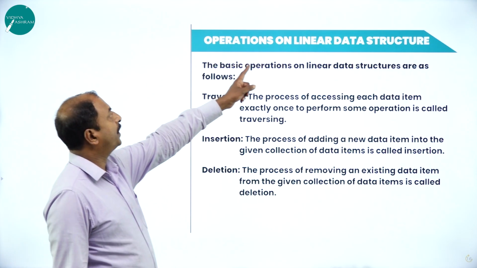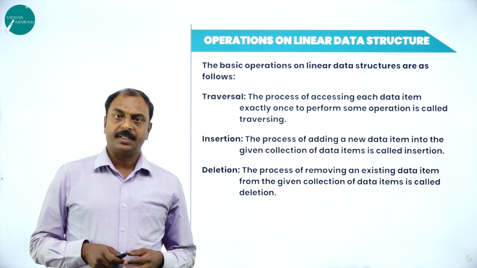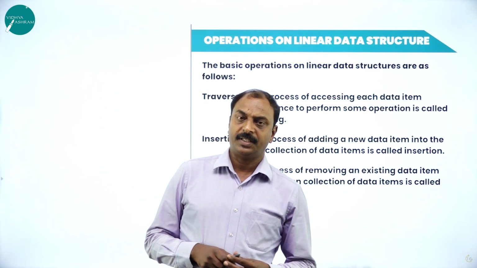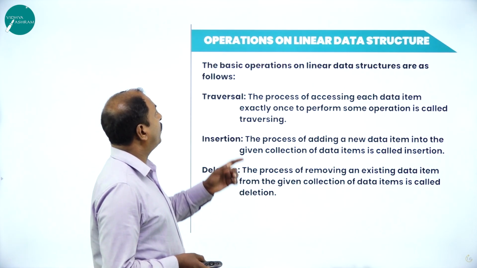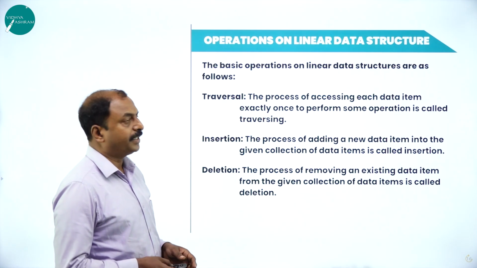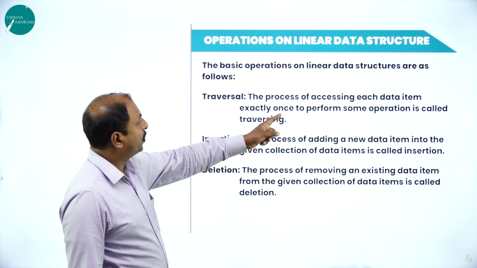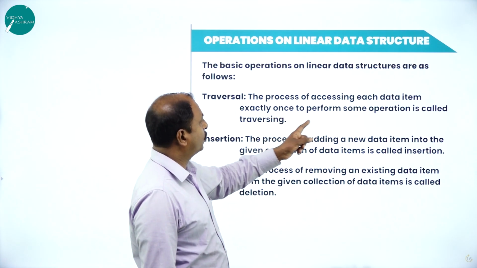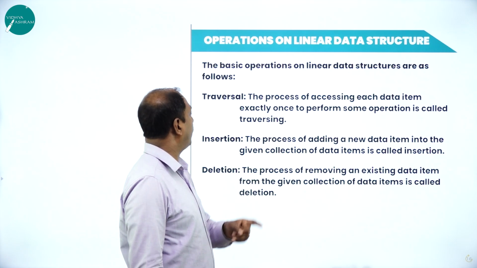Next one is operations on linear data structure. Now what is a linear data structure? Here all the data items are arranged continuously in a definite order. So what operations can be performed on linear data structure? One is traversal. The process of accessing each data item exactly once to perform some operation is called traversal or traversing.